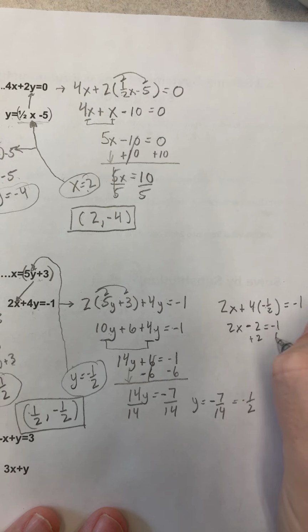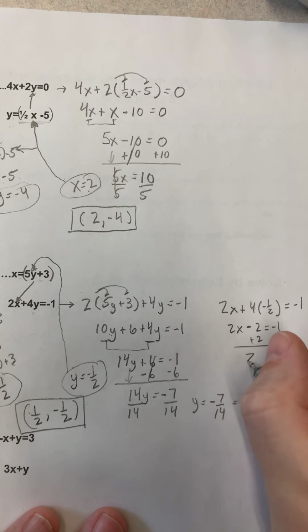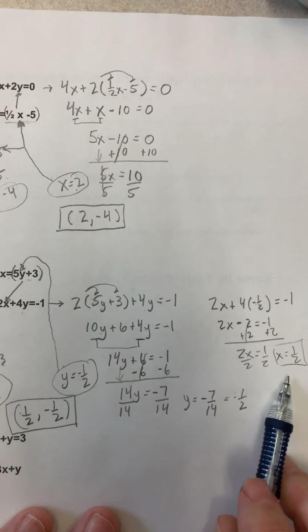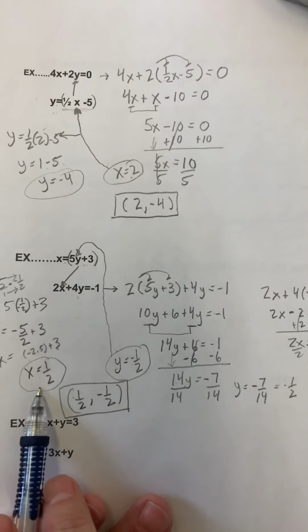I would add 2 to both sides. 2x then is equal to 1. I would divide by 2, x is equal to 1/2. I still get the exact same answer as I got over here.